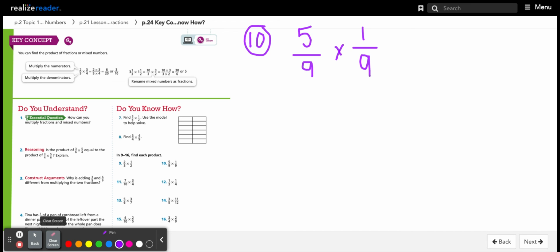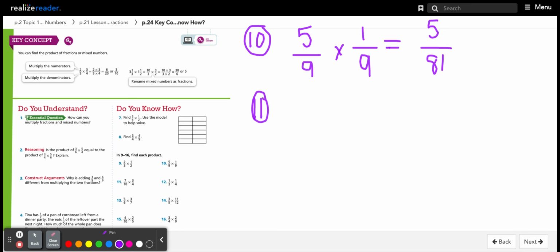No, I can't, so we just multiply straight across. So 5/9 times 1/9, what's your final answer? 5 times 1 is 5. 9 times 9 is 81. My final answer is 5/81.